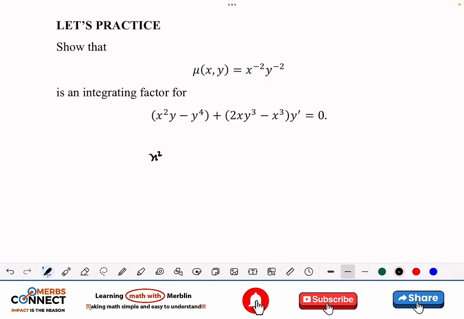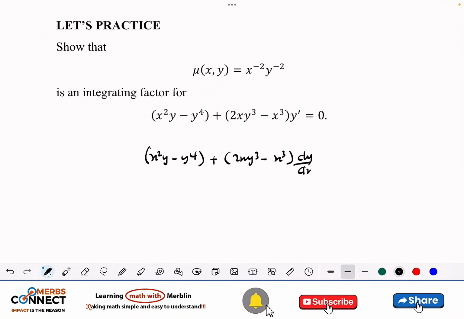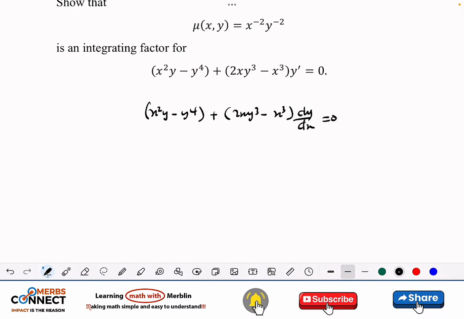So x squared y minus y to the power 4 plus 2xy cubed minus x cubed y dy over dx. Let's get the standard form: x squared y minus y to the power 4 dx plus 2xy cubed minus x cubed dy is equal to 0.